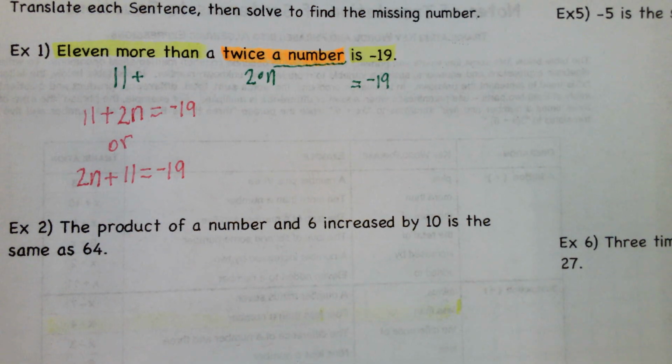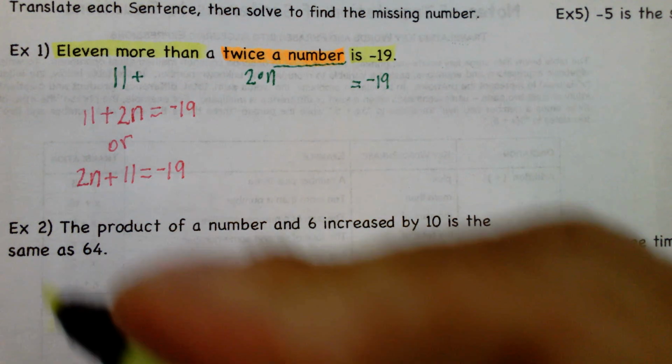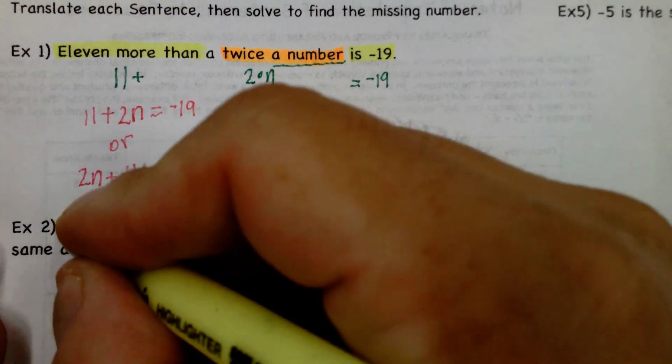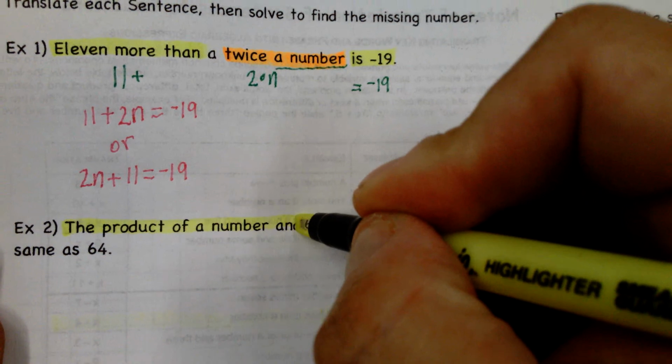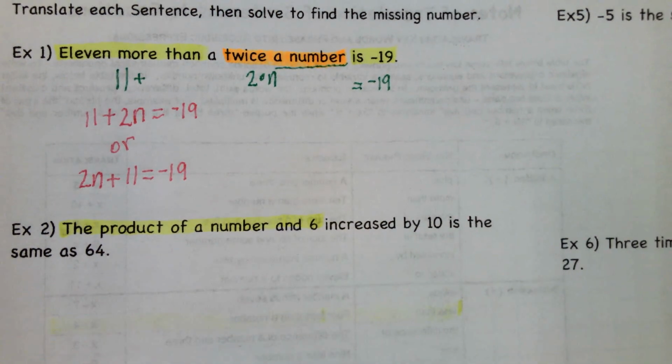What is the word product? Flip your paper over and let's see what the word product means. Because our first phrase is the product of a number and 6. So whenever we use the word product in math, what are we doing?